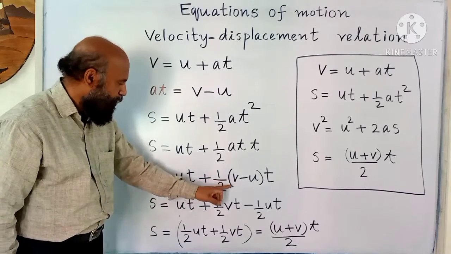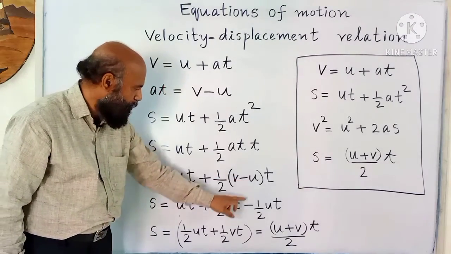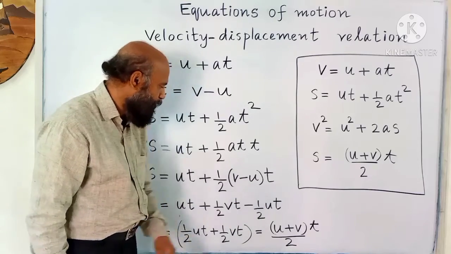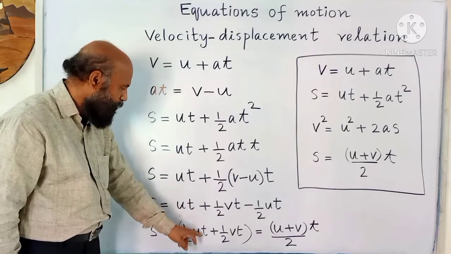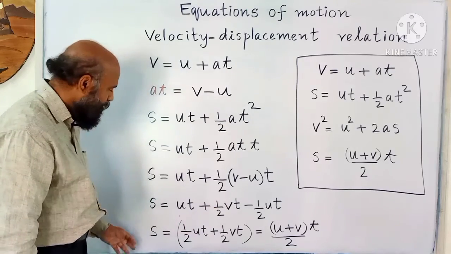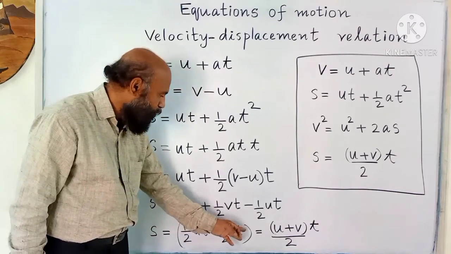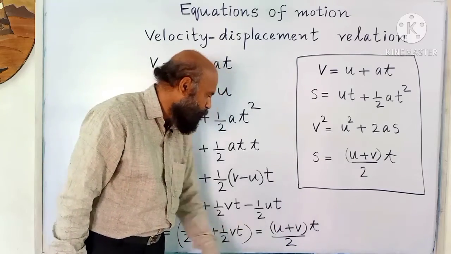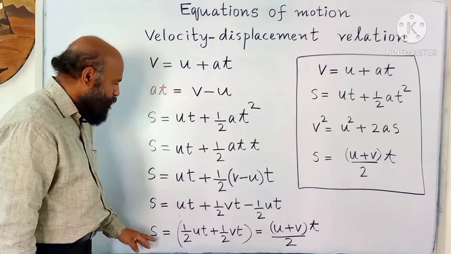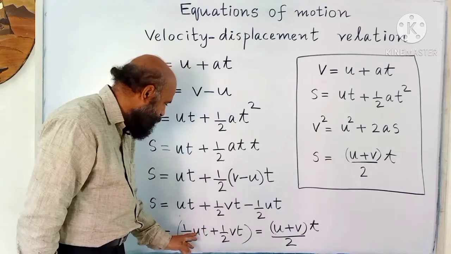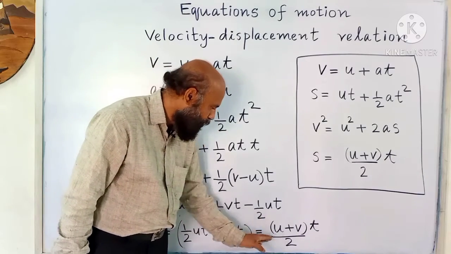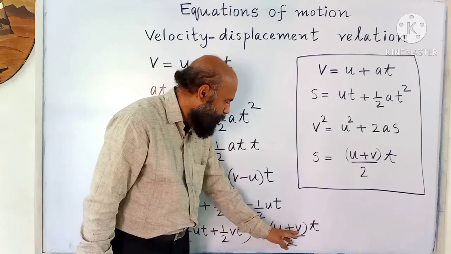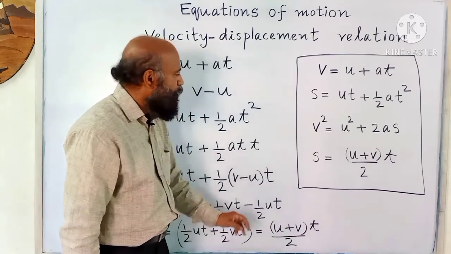Now you remove this bracket: half vt minus half ut, ut minus half ut, that is half ut, then plus half vt. Here t is common, so you take t outside. So we can write u plus v, then this half is also common, so write outside. So u plus v by 2 into t.